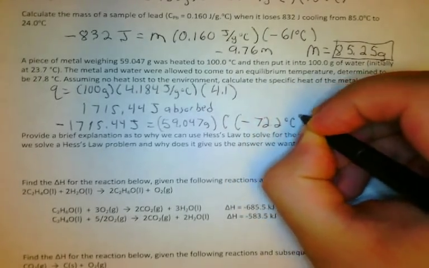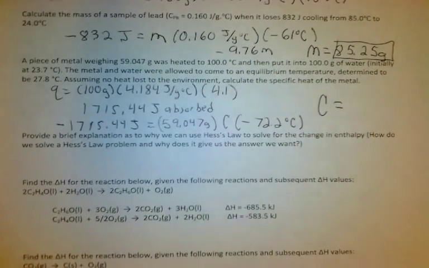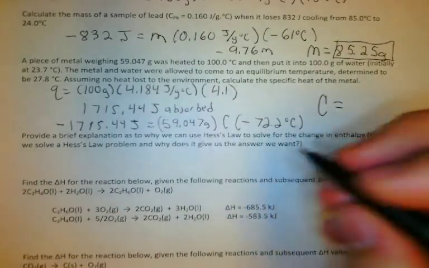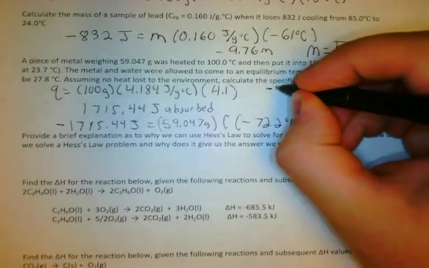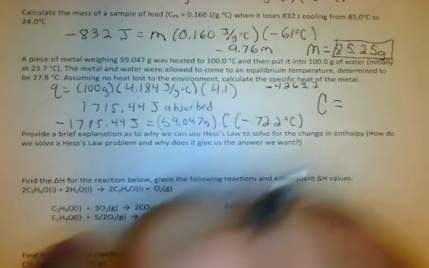72.2 degrees Celsius. And if we do our math, C equals, we gotta go 59.047 times a negative 72.2. It's a negative, I'm going to write it up here just so I can remember, 4,263.2.